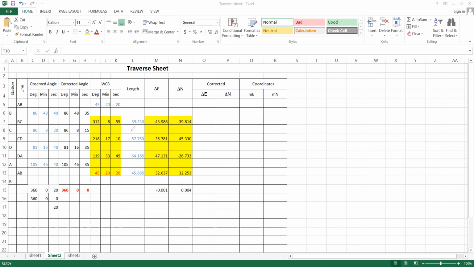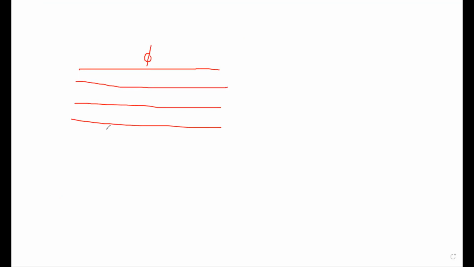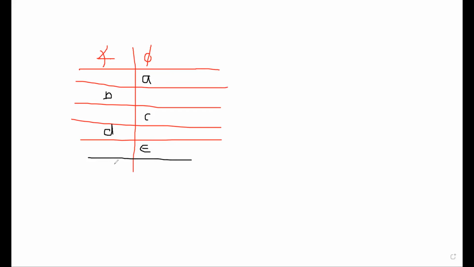That is in the traverse sheet. You have the bearing, and next to that you have the corrected angle. So you have the values entered in this order: A here, B here, C here, D here, E, F, like this.